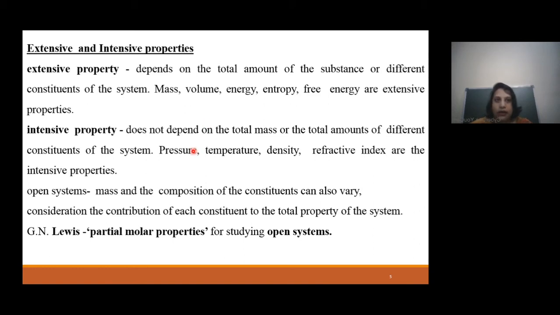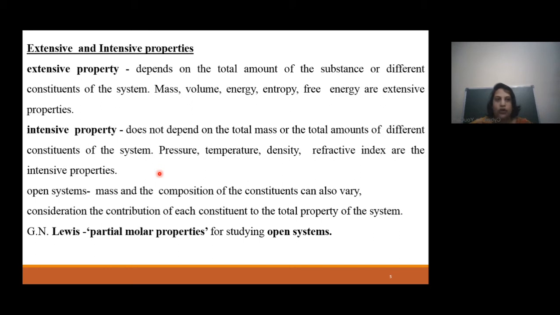On the other hand, intensive property does not depend on total mass or total amount of different constituents of the system. Pressure, temperature, density, refractive index, these are all intensive properties. The total mass of the system is extensive property, but mass per mole is intensive property. Volume per mole, energy per mole, these are all intensive properties.